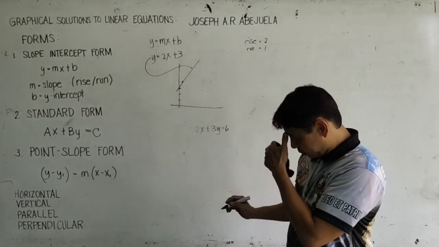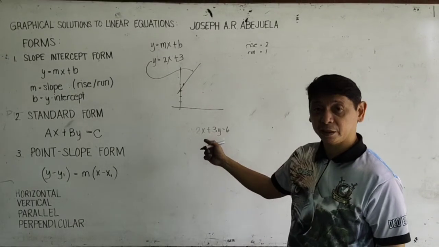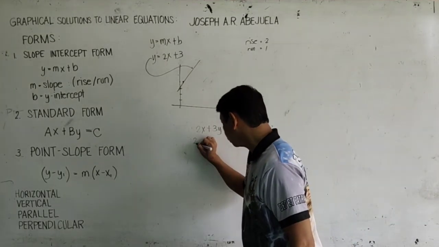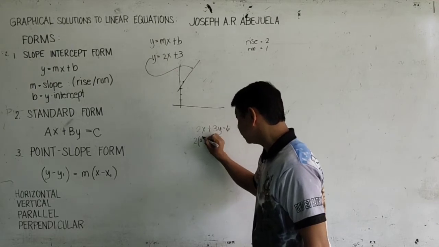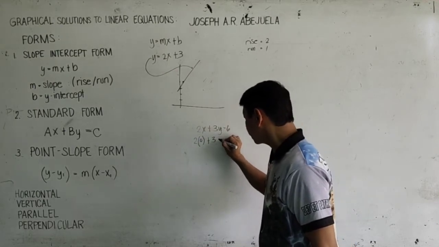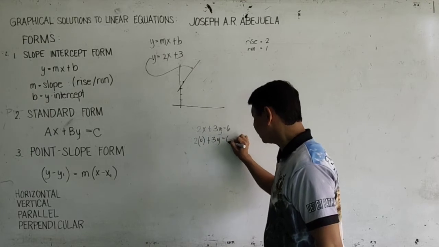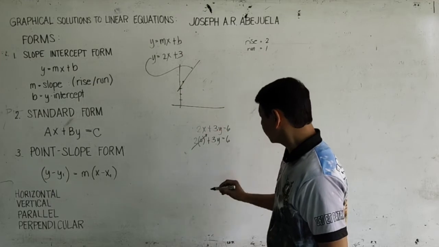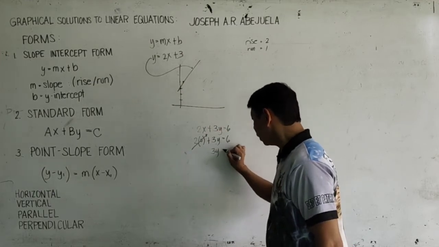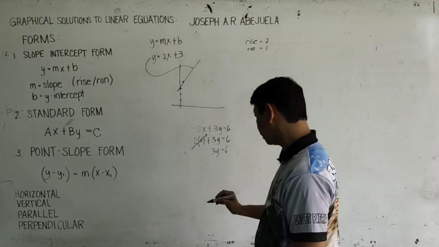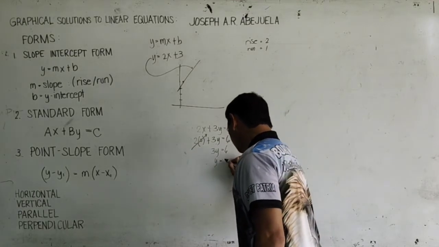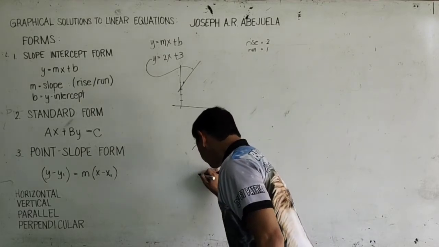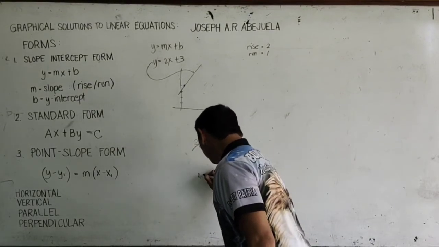So, let's substitute 0 for x first. So, 2 multiplied by 0, plus 3y equals 6. So, 2 times 0 will be cancelled out. So, 3y equals 6. Therefore, y is equal to 2. So, we have the point (0, 2).